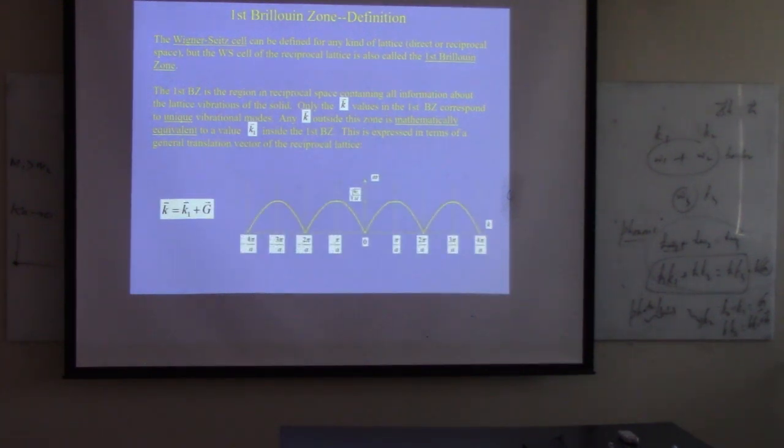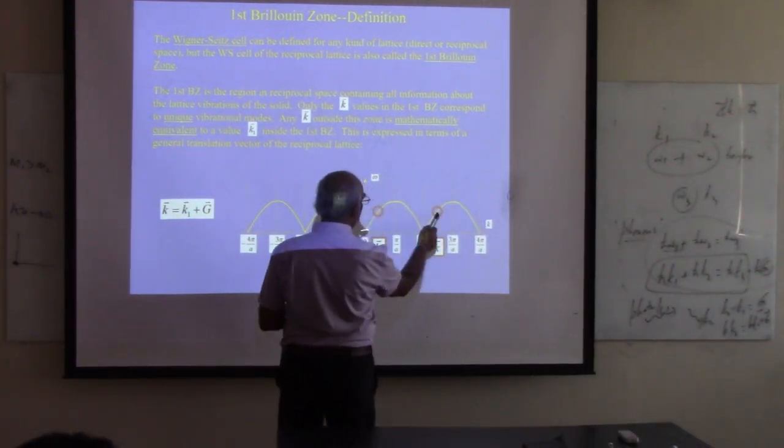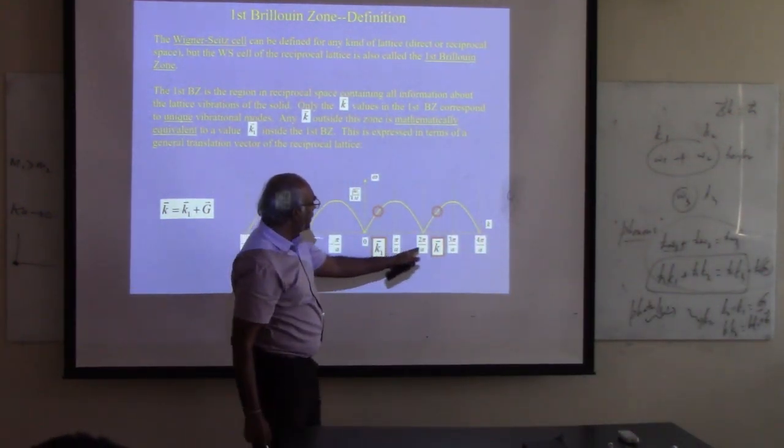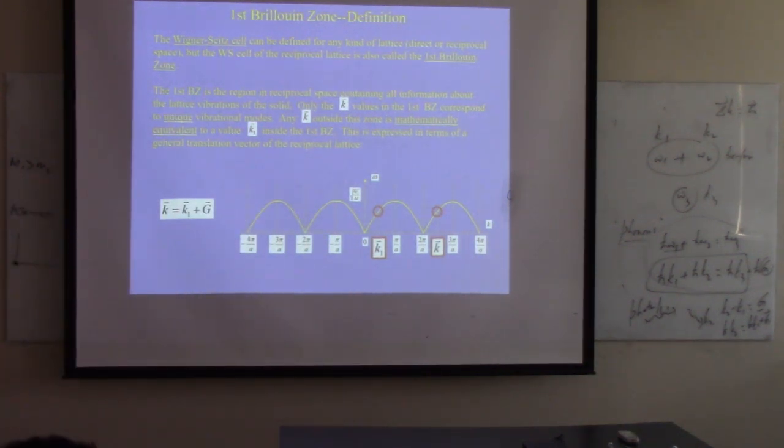So this is what I was trying to say. If you have any point here, you can basically bring it back to this point by subtracting your G vector. G is 2 pi over a, right? If you remember, we write G as 2 pi over a times x plus y plus z, right?